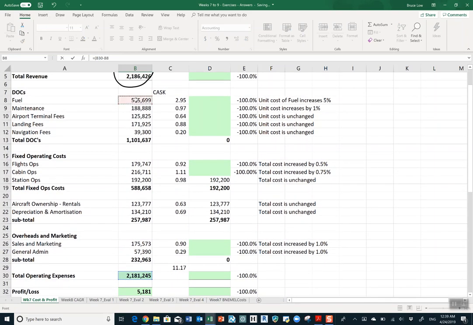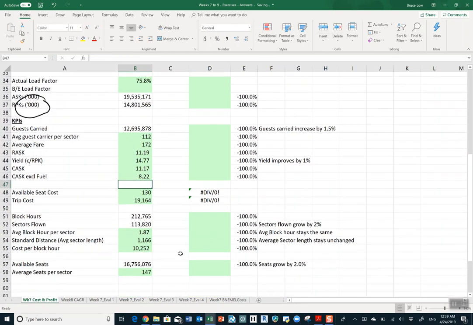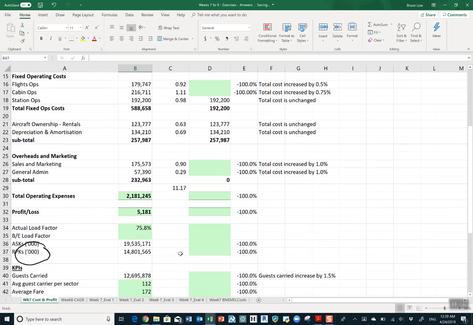Our fuel cost up there. So it's just like CASK, except we're just subtracting fuel, divided by ASKs times 100. It's 8.22 cents. So there we go, we've done that.